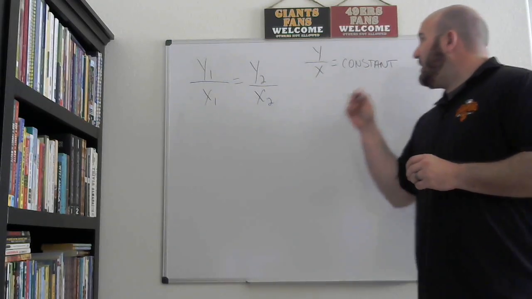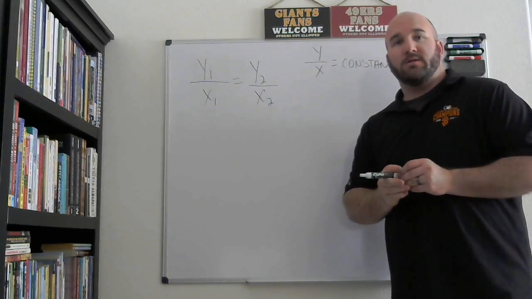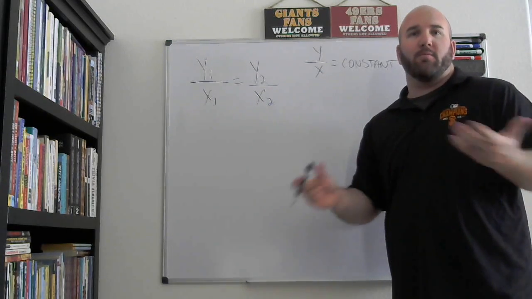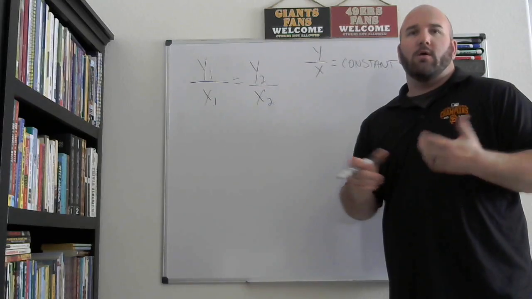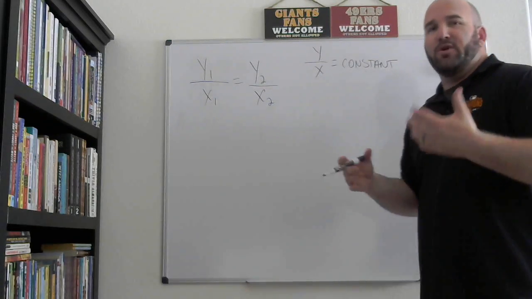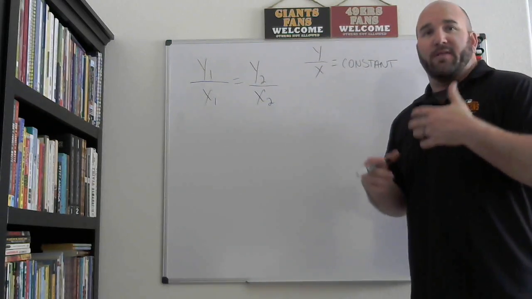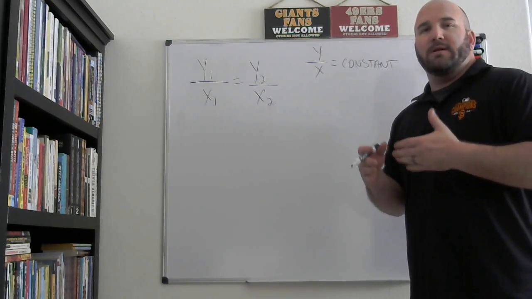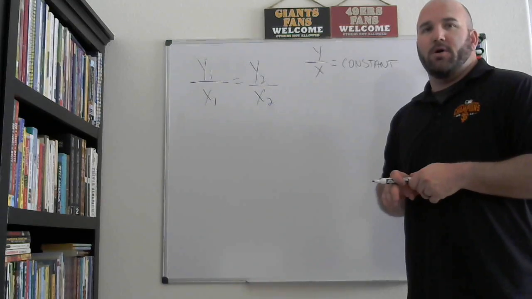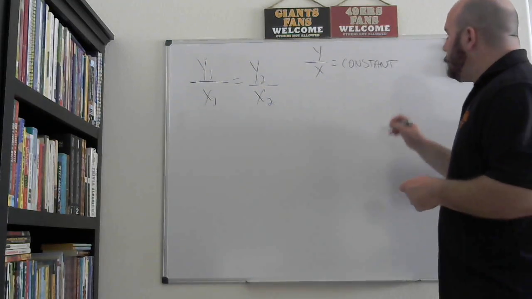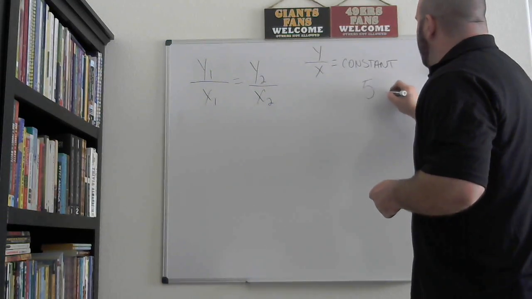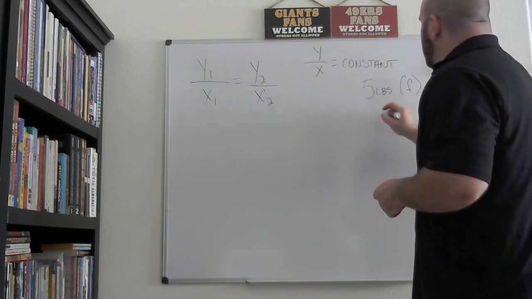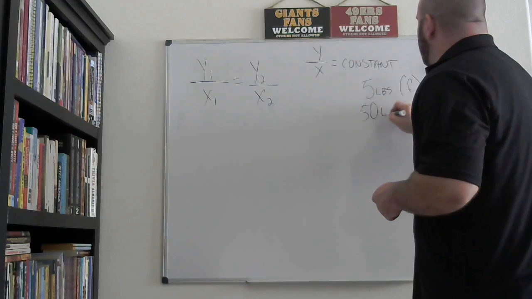This is important because we can use this information to solve proportions if we don't have all of the information from the proportion. What do I mean by that? Well, let's look at an example. If you're using a lever to lift weight, okay, there's a specific amount of force that you need to put on the lever to lift the weight. So, if we look at an example, say that we need 5 pounds of pressure to lift 50 pounds of weight.